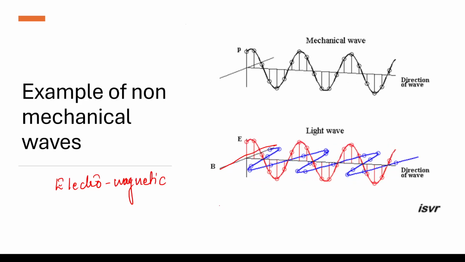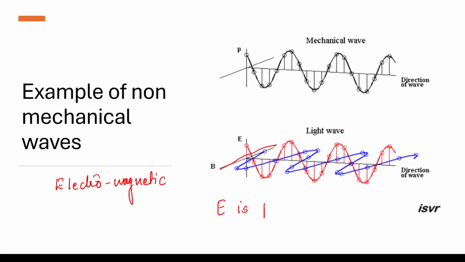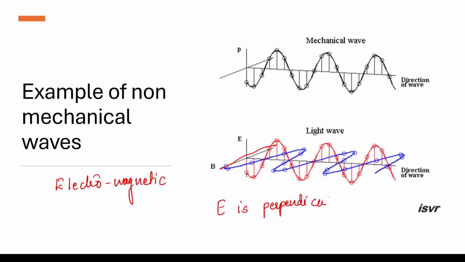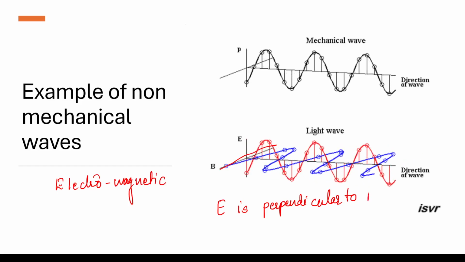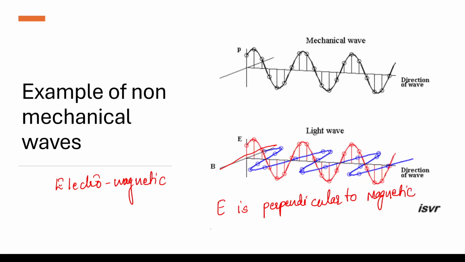So the electric field is perpendicular to the magnetic field. And both the oscillations are perpendicular to the direction of energy transfer.